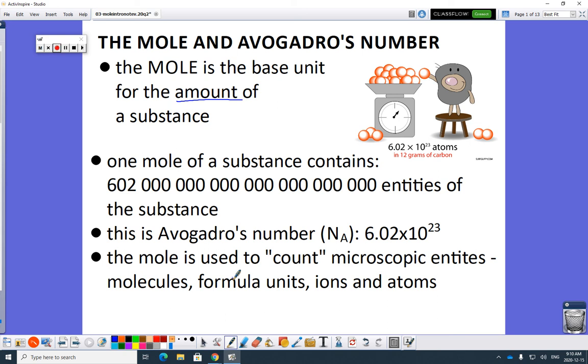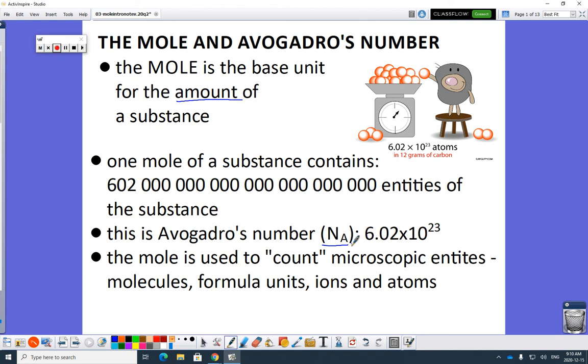1 mole of anything, he talked about basketballs, donuts, gas, whatever, is 6.02 times 10 to the power of 23 particles. So this is the symbol for Avogadro's number. If you go home and Google and say, oh, I just want to watch a video on this topic, often we will use the word molecules.